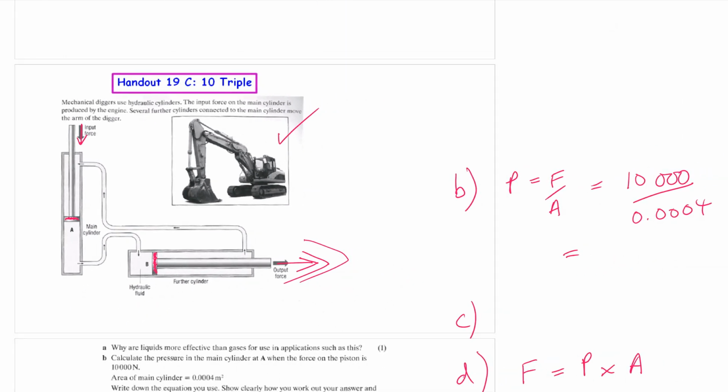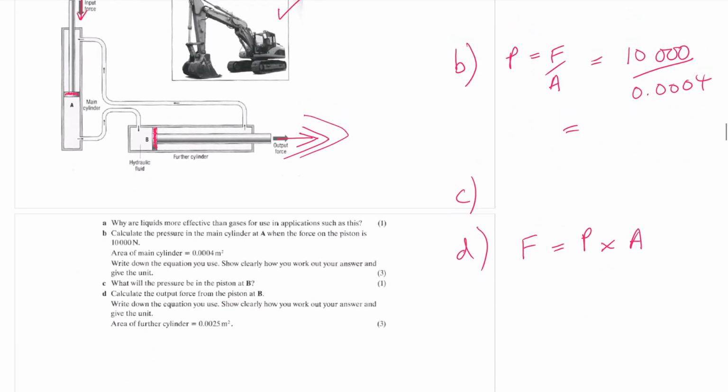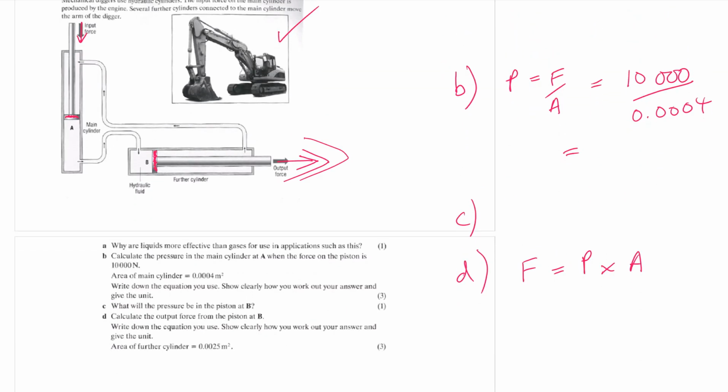So, question A. Why are liquids more effective than gases for use in this application? Because liquids are virtually incompressible. So, let's have a look at B. We're trying to calculate the pressure.